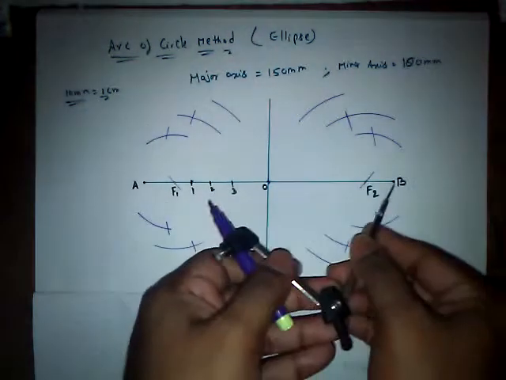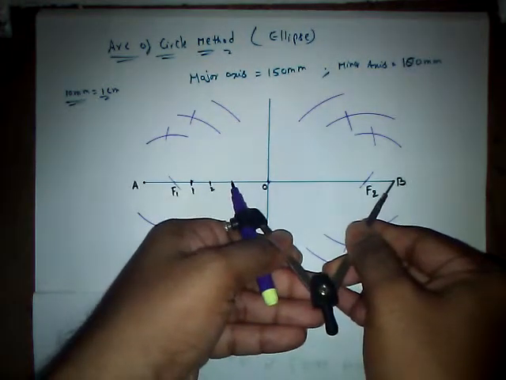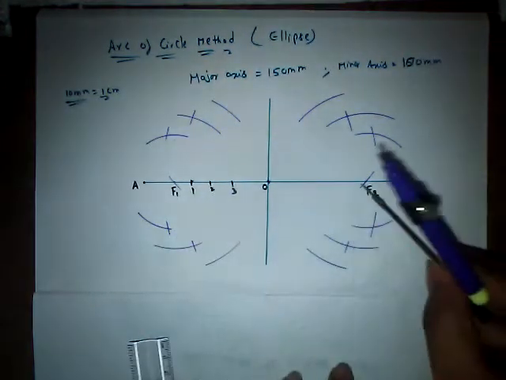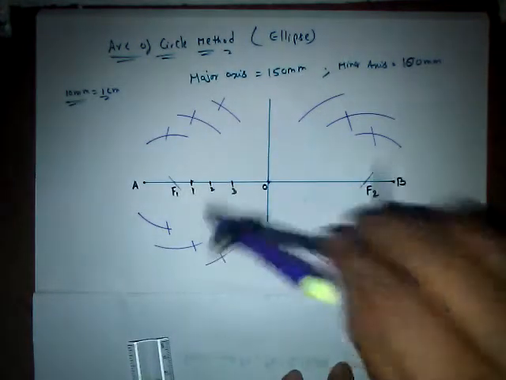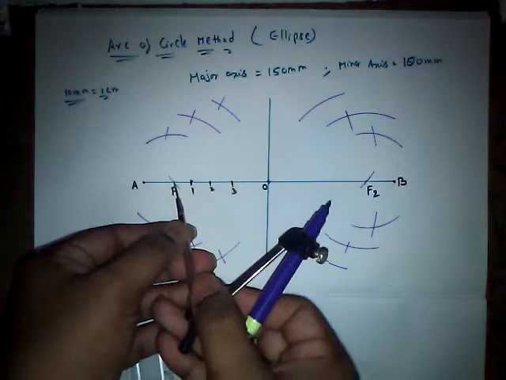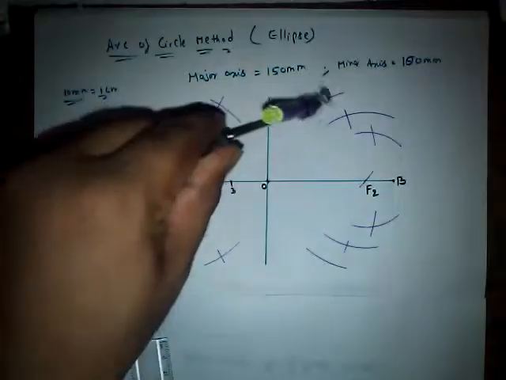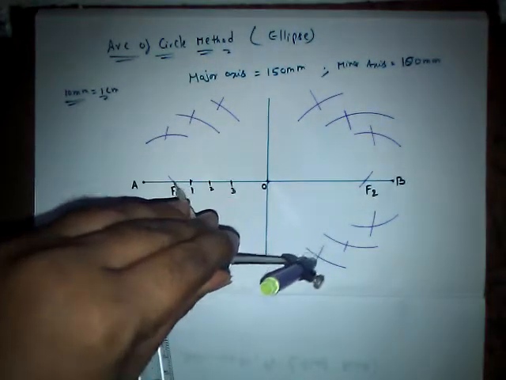Fine. Now finally B3 as radius, F2 as center, let us cut the previous arcs, and now F1 as center, let us cut the opposite curves, this one, this one.